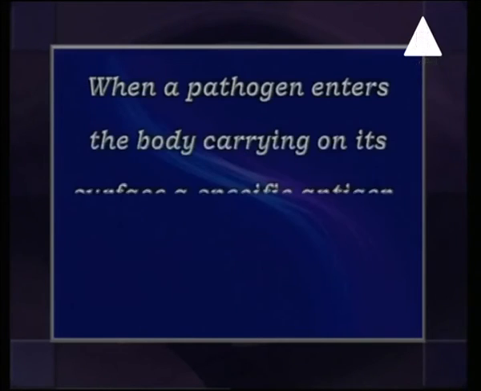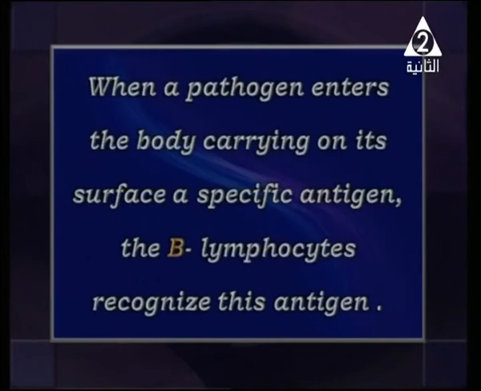When a pathogen enters the body carrying a specific antigen on its surface, the B lymphocytes recognize this antigen. Recognize means it wants to attack it and give some information about it. As we said, the B lymphocytes work as an archive or database inside your body.